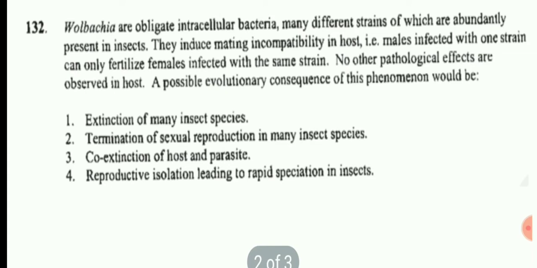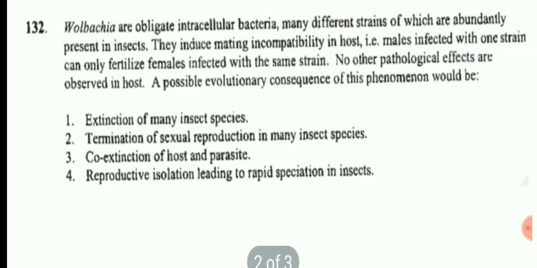This is the correct option. What do they ask here? Wolbachia, obligate intracellular bacteria, have males infected with one strain that can only fertilize females infected with the same strain. Okay, reproductive isolation takes place here, and due to this, a new speciation or rapid speciation in insects also takes place.